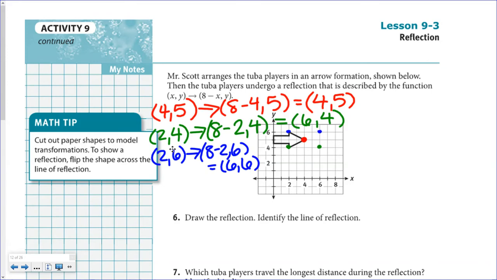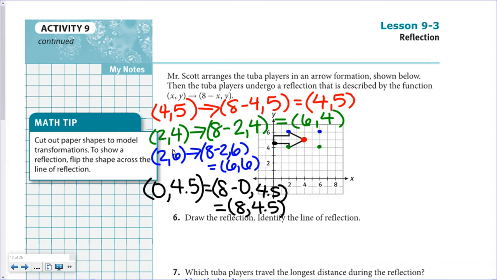Another point that I could do, it's okay to have a fraction, 0, 4.5. So 8 minus 0 gives 8 and 4.5. So we should draw that right here.